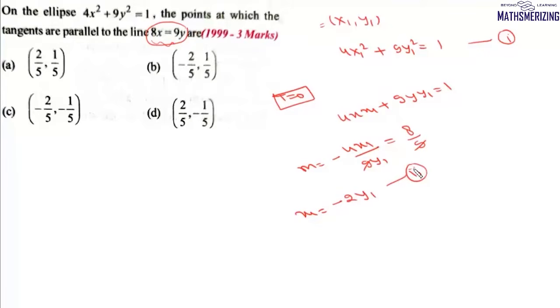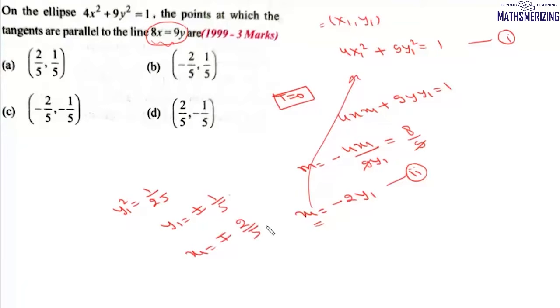Now we'll put the value of x1, so we'll get 16y1² + 9y1². So the value of y1² will be 1/25, and the value of y1 is plus or minus 1/5. And since x1 is -2y1, x1 is minus plus 2/5.